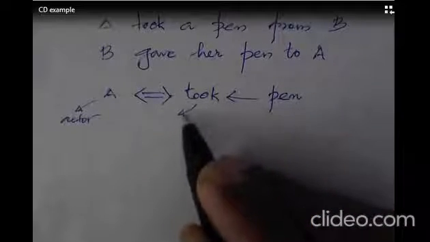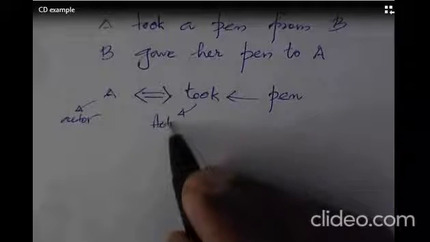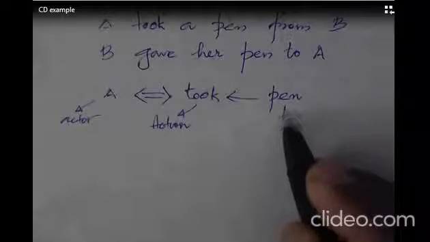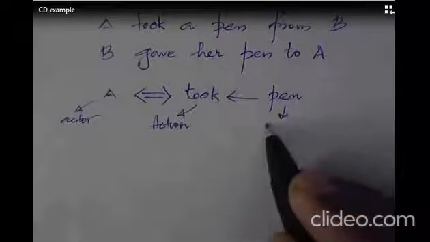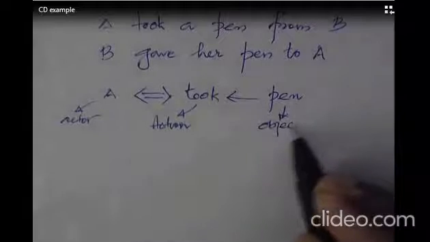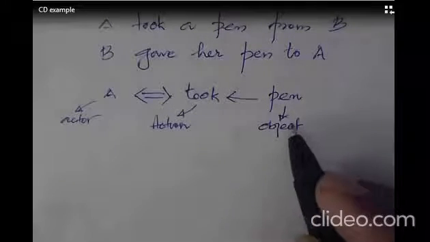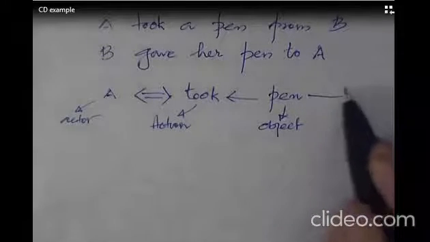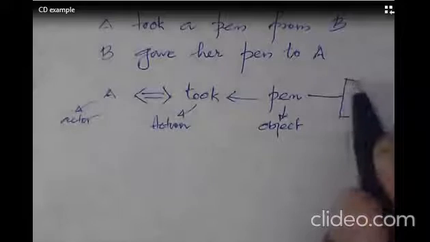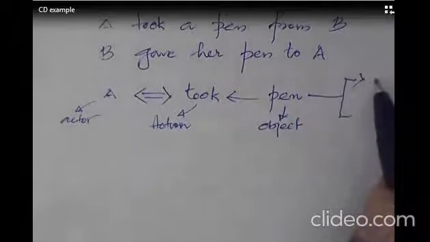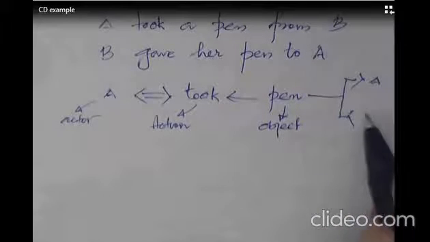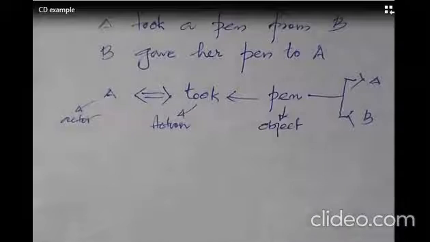So took is the action performed and pen is the object on which action is performed. And this pen is being transferred between 2 agents, namely A and B. So A is the recipient, B is the giver or sender, or we can say donor.